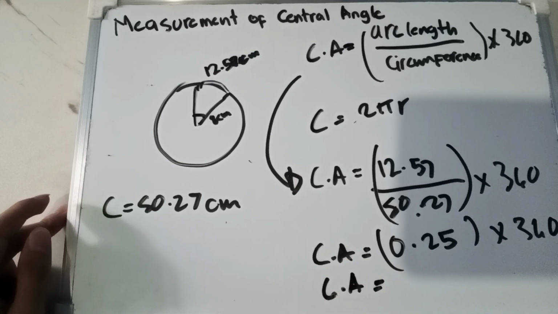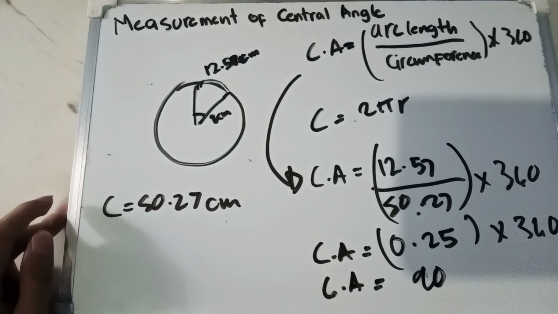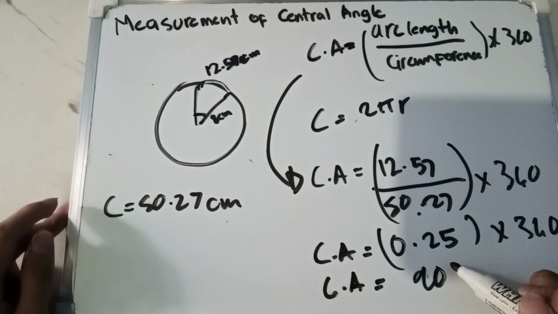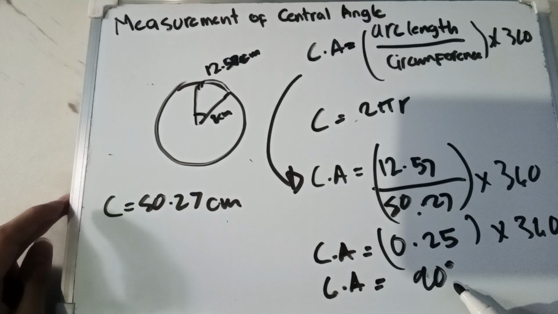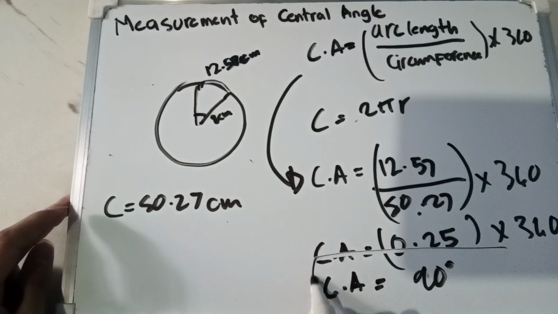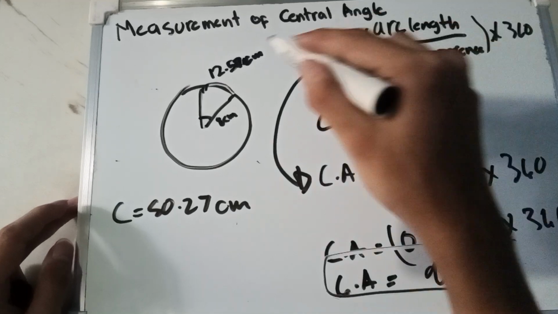And 0.25 times 360 is 90. Therefore, the value of the central angle using this formula is 90 degrees. So this is used if the given is arc length.